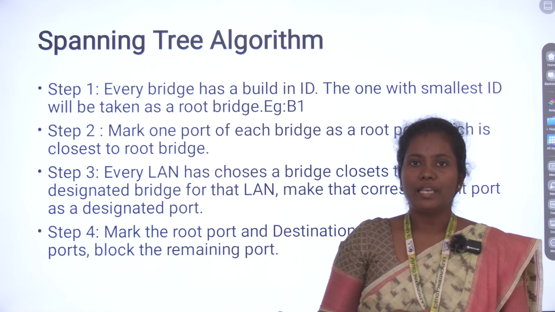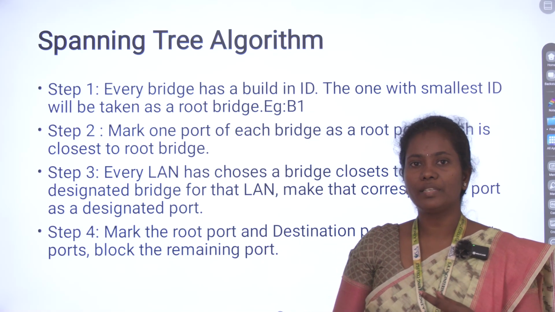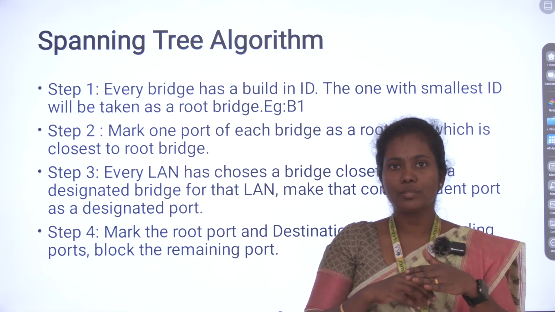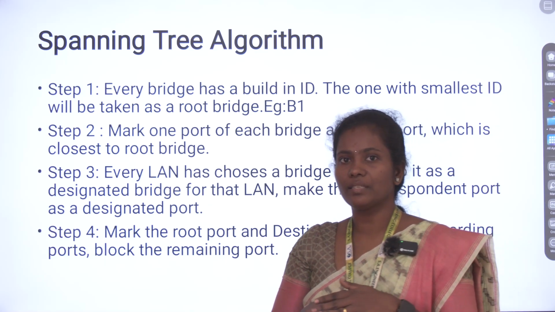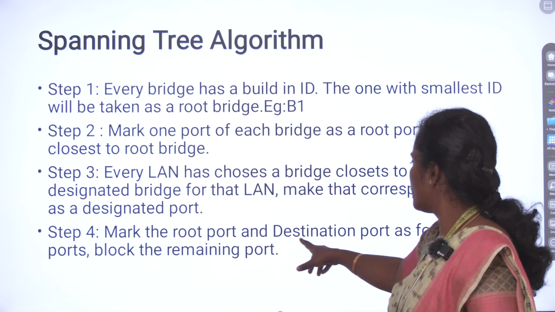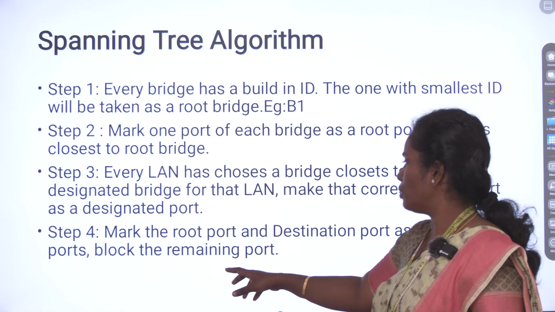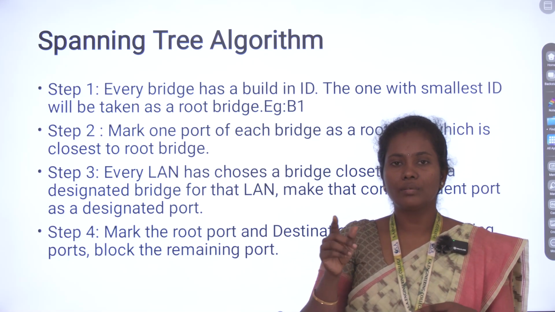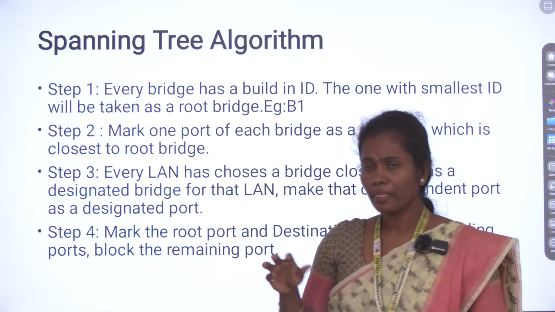After calculating the root port, we calculate the designated port, based on the LAN: the bridge closest to the LAN is taken as the designated port. Mark the root port and designated port as forwarding ports, and block the remaining ports. The port which is not used can be marked as blocked.